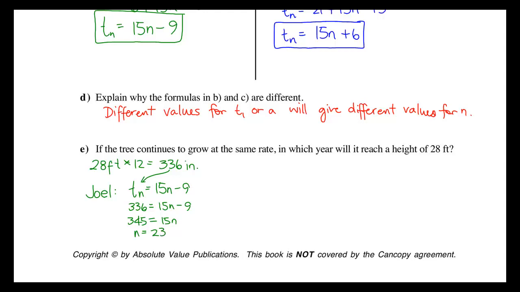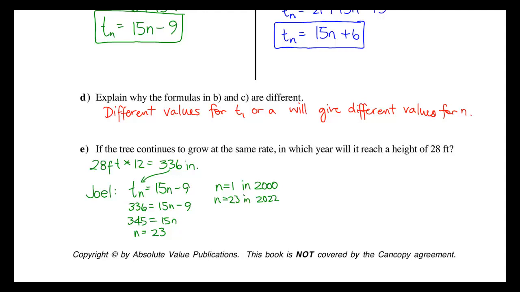So for Joel, if n equals 1 is the year 2000, June 2000, then n equals 23 will occur in 2022. Let's check that for Jenna as well.